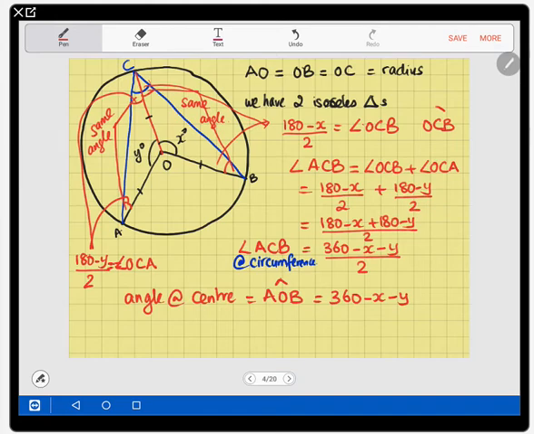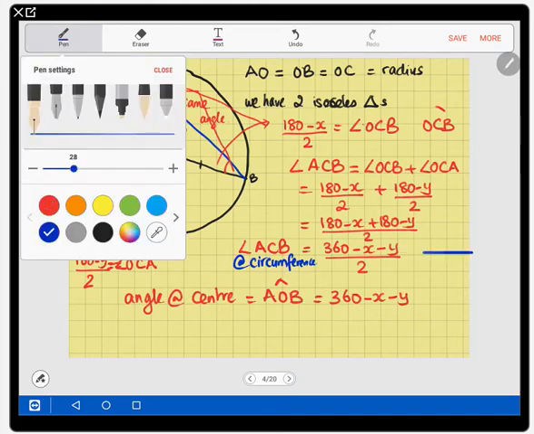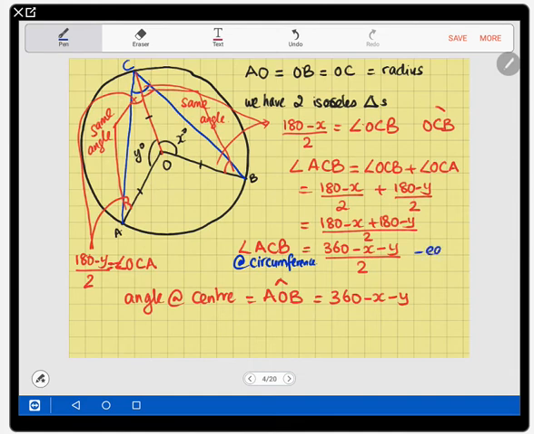Yes, I call this equation 1 and I call this equation 2. Angle AOB and then angle ACB. What do we notice about this? AOB is 360 minus x minus y, and ACB is equal to (360 minus x minus y) divided by 2.